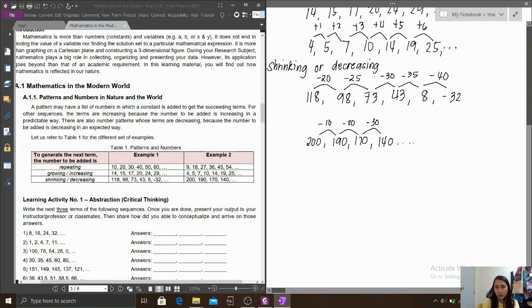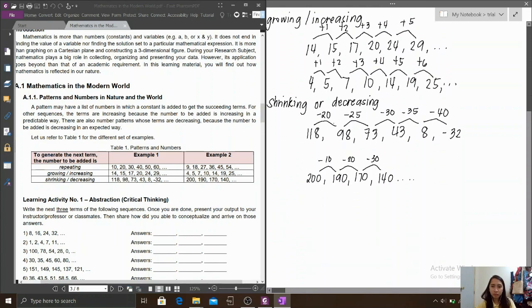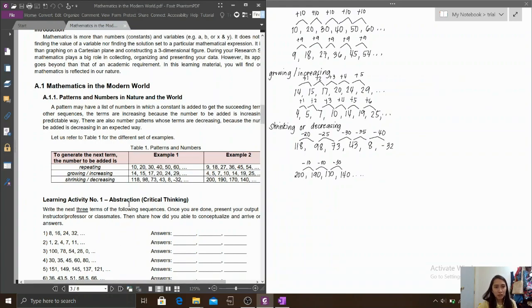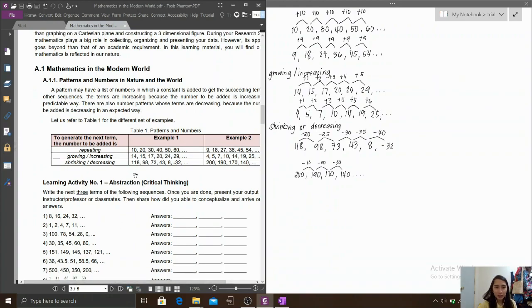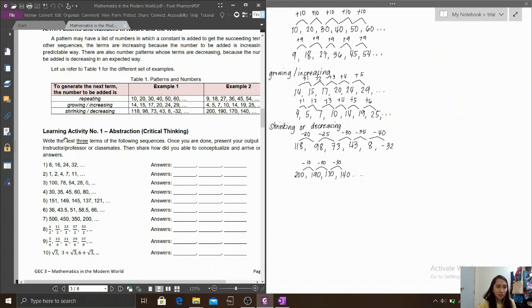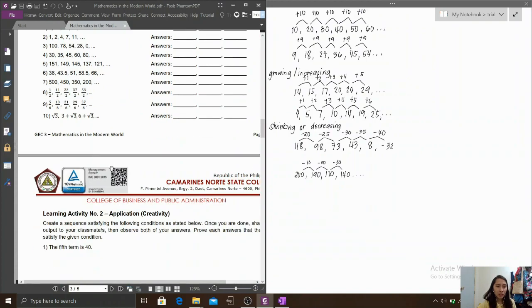Again, the numbers to be added in order to generate the next term are shrinking or decreasing. That's how easy it is to get the next term in a sequence. I hope your answers are now clarified, and you can now proceed to answer learning activities number 1 and 2.